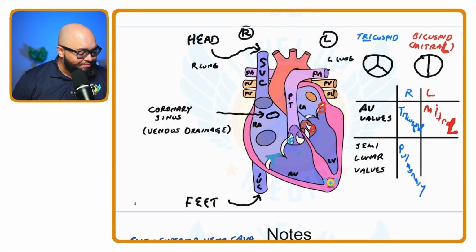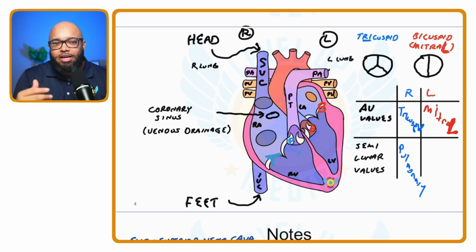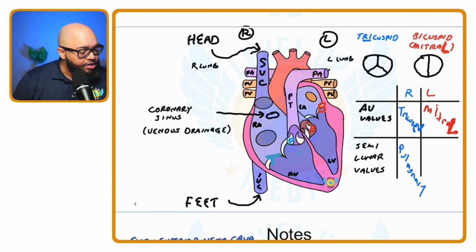So, for instance, you know how like the pope or bishop, they have that tall hat that's called a mitre? Well, that valve kind of has that shape, and so sometimes it's called the bishop's mitre, but we will just use mitral, or sometimes I'll say bicuspid, okay? Most of the time, I'll refer to it as the mitral valve.